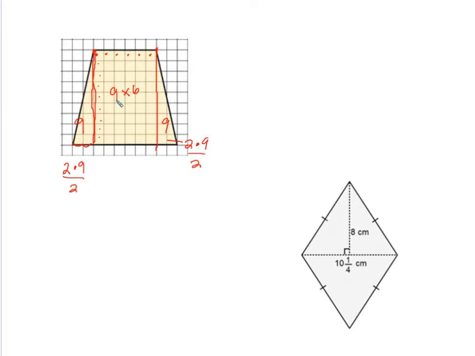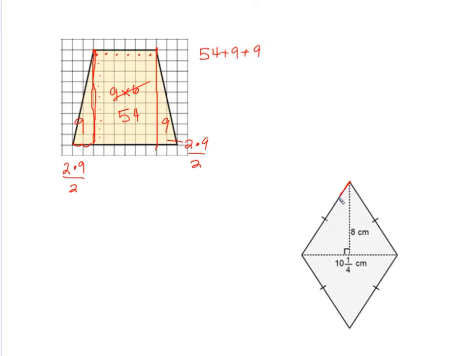This is 9, and this is 54. And I came up with 54 by doing 9 times 6. So now I need to add those together. So 54 plus 9 plus 9. Give me my answer.